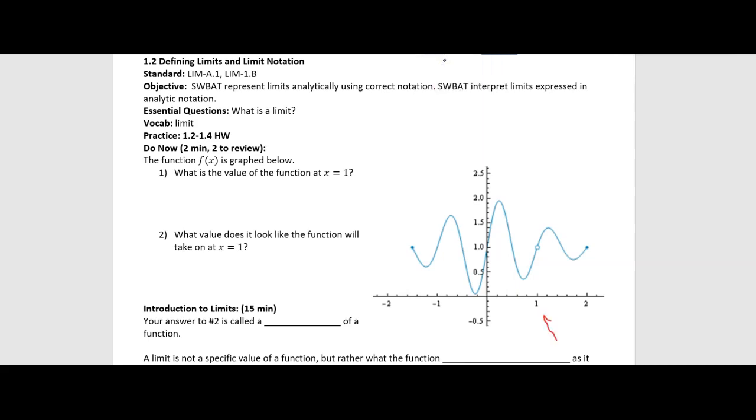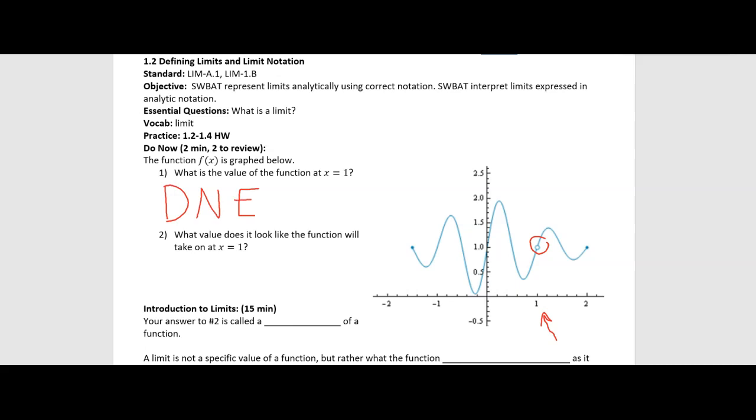Okay, so at x equals 1, we come up here and we notice that the function actually has a hole at x equals 1. So the value of the function at x equals 1 does not exist. There is no y value. So we can just put DNE for does not exist.